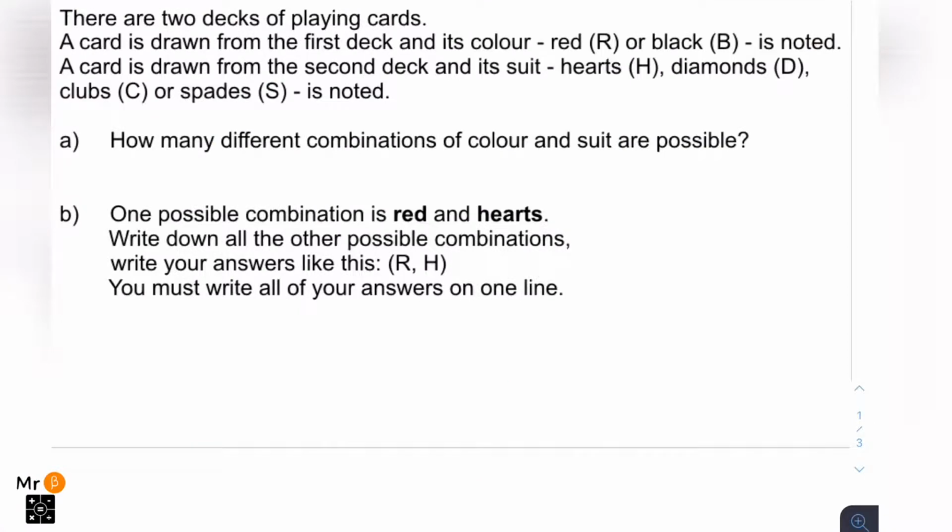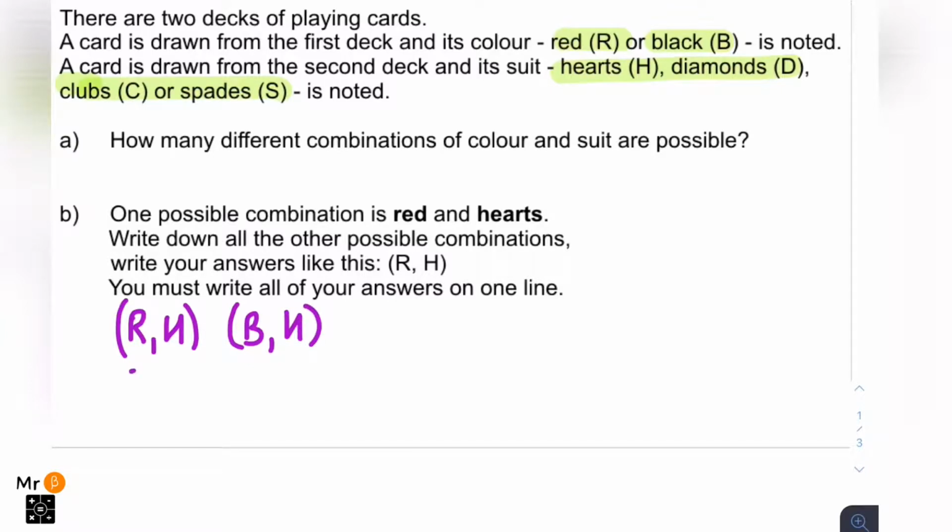So having a look at this next question, we know that the cards can either be red or black, and then that it can be a hearts, diamond, clubs or spade. So again we're going to list the combinations and that will help us with our part A. So we could have a red hearts or a black hearts.